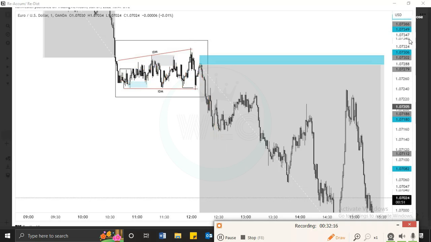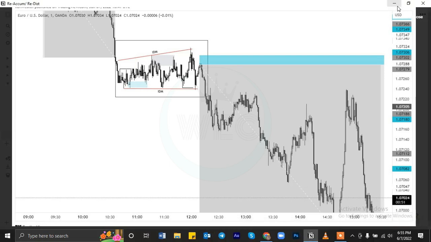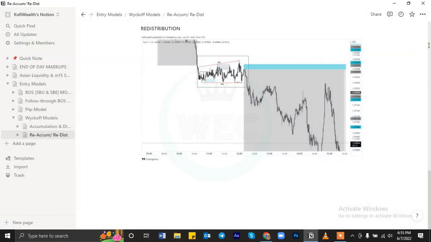So this is it. These are the entry models that I use, and you can go and backtest these entries. Whatever I have taught, if I taught it from the buy side, you can flip it and it will be for the sell side. If I taught it on the sell side, you flip it and you're going to get the buy side of this whole thing.